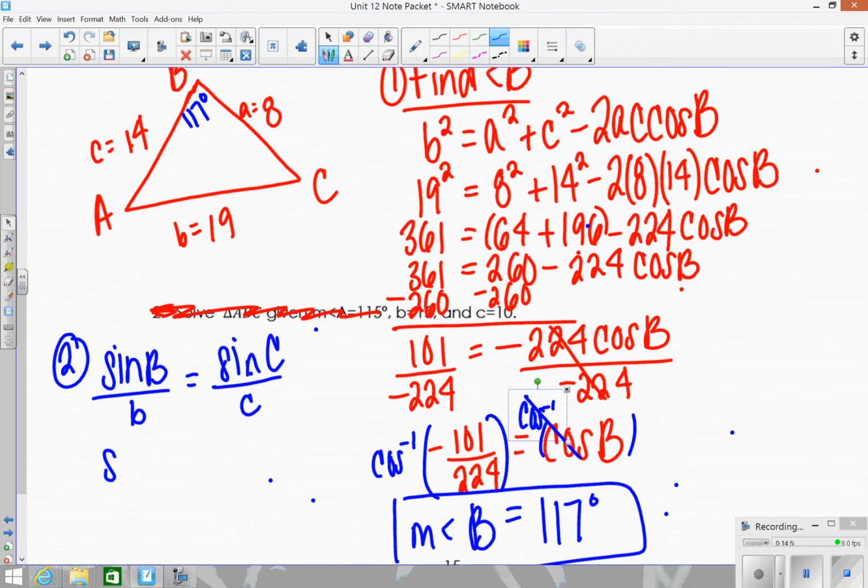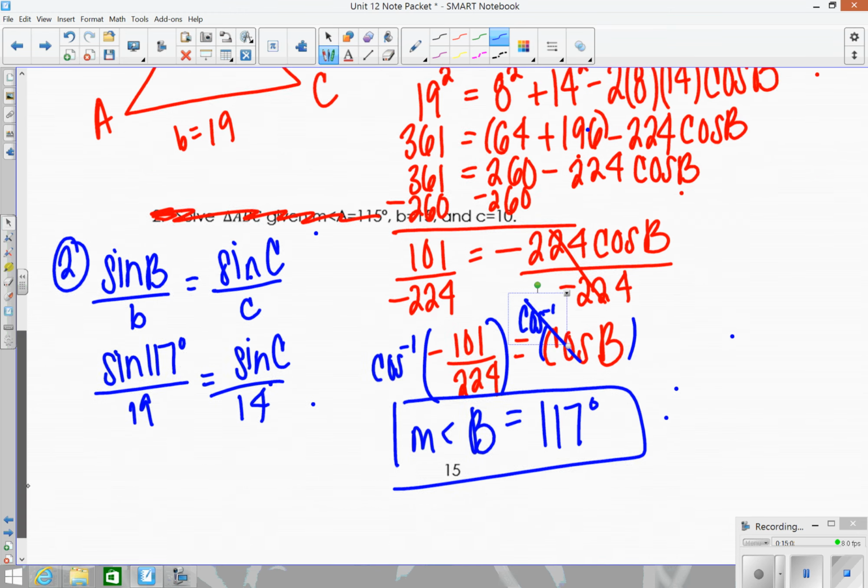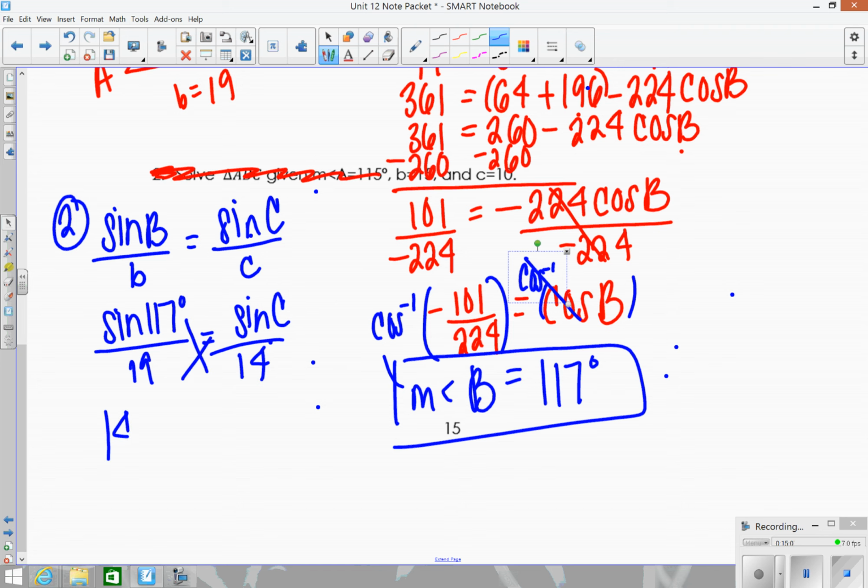So plug in, so sine of 117 over B equals sine of c over 14. Cross multiply, so 14 times sine of 117 equals 19 times sine of c. Divide both sides by 19.